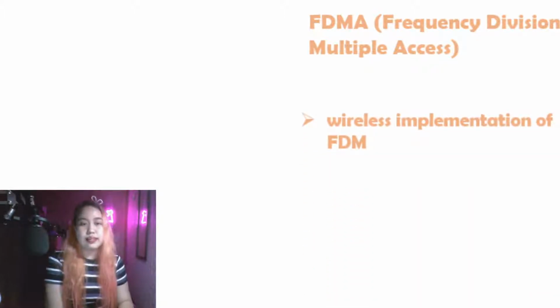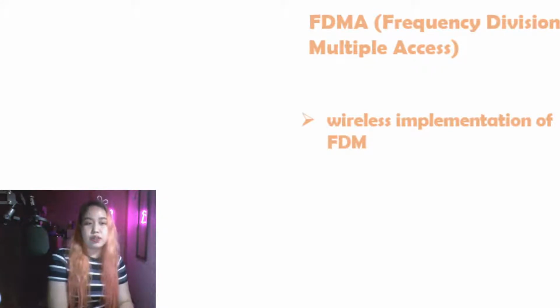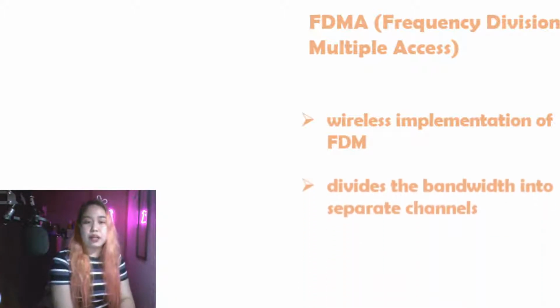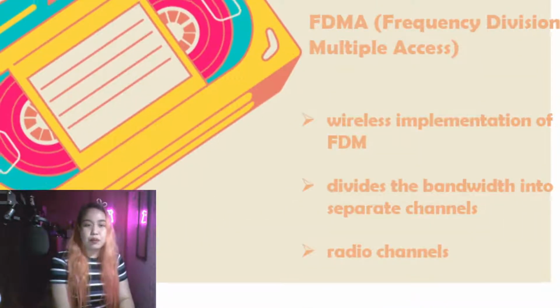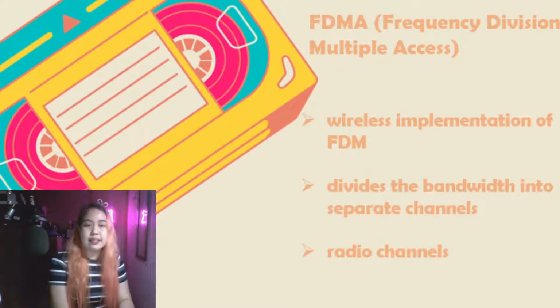FDMA is the wireless implementation of FDM used in satellite transmission and earlier AMPS analog cellular networks. FDMA divides the bandwidth into separate channels, one for each user. In this type of multiple access, we assign each signal a different frequency band range.